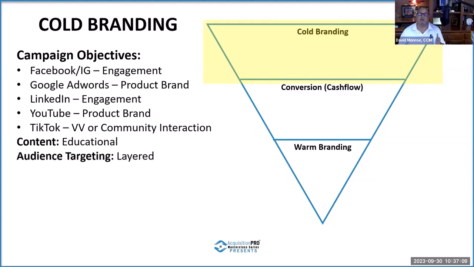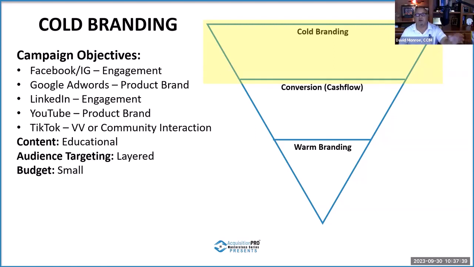Audience targeting here is layered, meaning we want as many people as possible when doing cold branding. Our budget is tiny on this one because the amount of people that see it, because it's content based and because people are engaging with it, you can get engagements and clicks and views at a very, very, very cheap price.